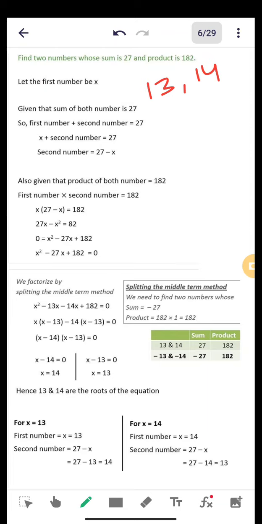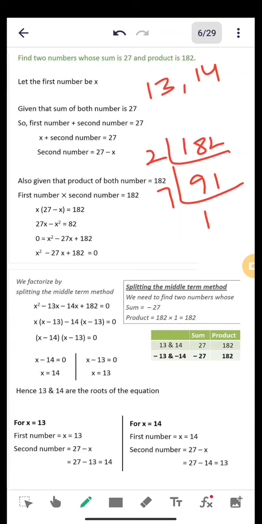Okay, if you find difficulty in splitting the middle term, you can find prime factors of 182. 2 times 91, then 7 times 13. Multiplying 2 and 7 we get 14, and here is 13.